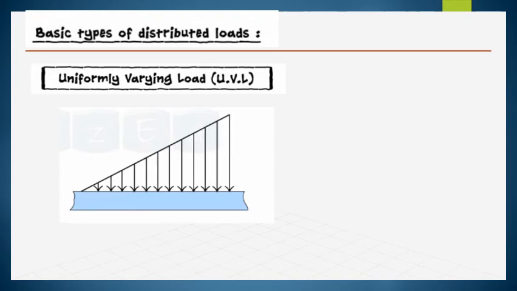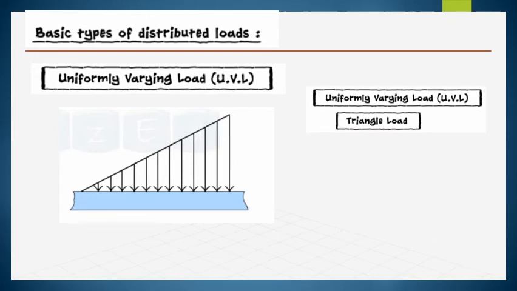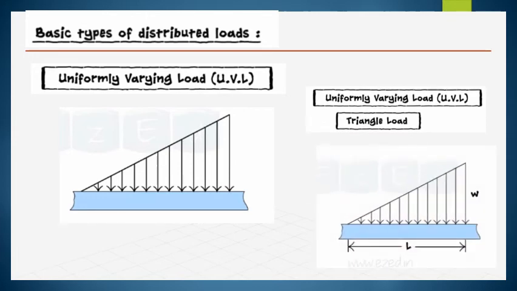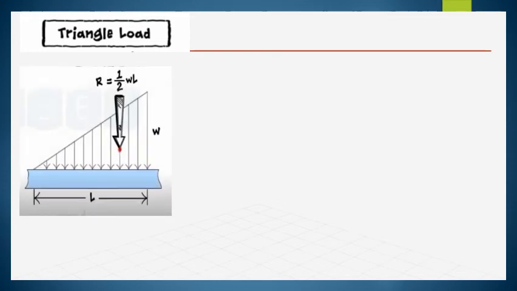So again in the UVL, we can say that one type is the triangle load. Intensity of the loading is 0 at one end, and it varies to W at the other end. It varies uniformly, linearly. So it is called the uniformly varying load. So how to calculate the total intensity or the resultant of the triangle load?